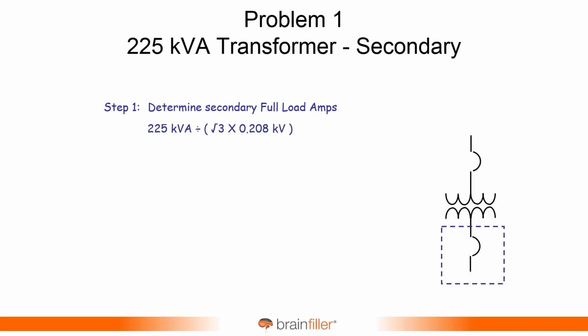So the secondary full load current, we take the kVA rating, 225 kVA, divided by the square root of 3, and the secondary voltage, which is 0.208 kV. We actually saw this earlier with the short circuit problem. And the secondary full load current is 624.5 amps.